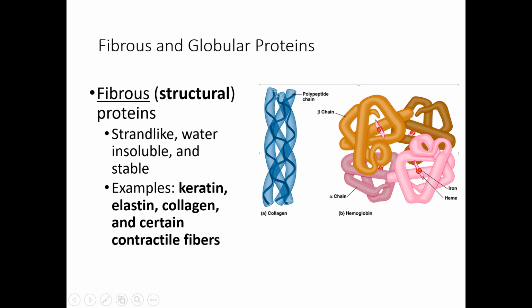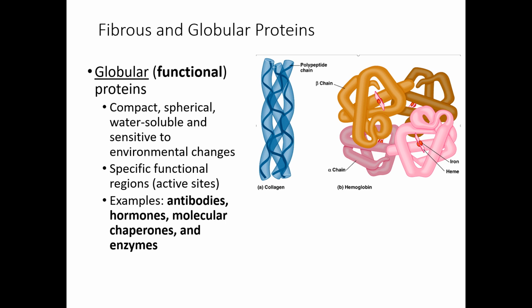Examples in the body would be keratin in our nails and hair, elastin and collagen in our skin, and also in our tendons and ligaments, and certain contractile fibers in our muscles. So that's the shape. They are long. They are made of long protein spiral chains.